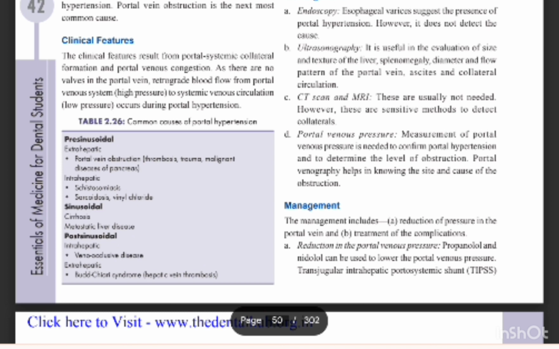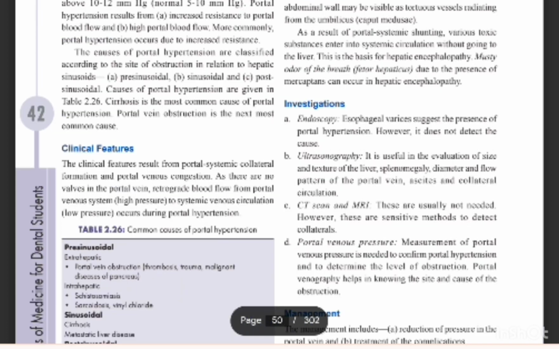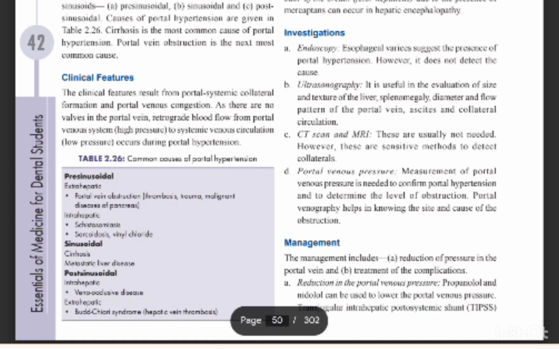And post-sinusoidal, it could be veno-occlusive disease, and extrahepatic due to Budd-Chiari syndrome, that is hepatic vein thrombosis. Common cause is liver cirrhosis. Portal vein obstruction is the second cause. Portal hypertension occurs most commonly due to cirrhosis.